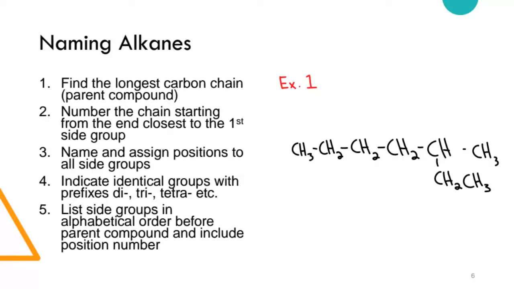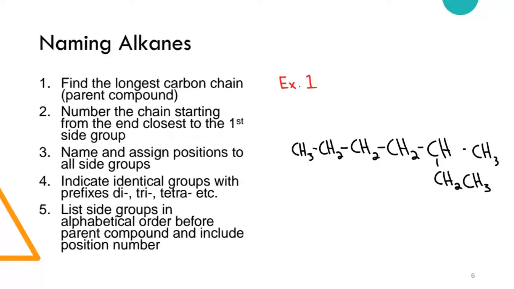If we were to do that, we would have 1, 2, 3, 4, 5, 6 carbons. But if I start counting from this corner down here, I'd have 1, 2, 3, 4, 5, 6, 7 carbons. So this here is actually going to be my parent compound.